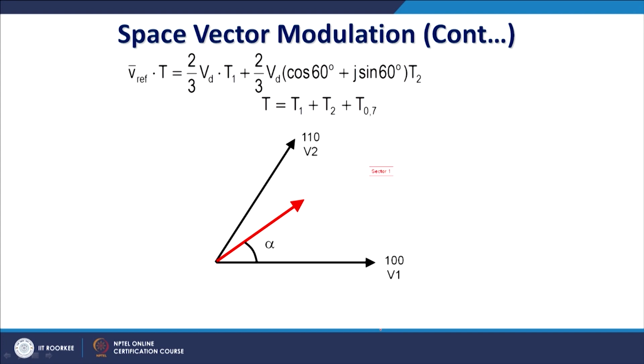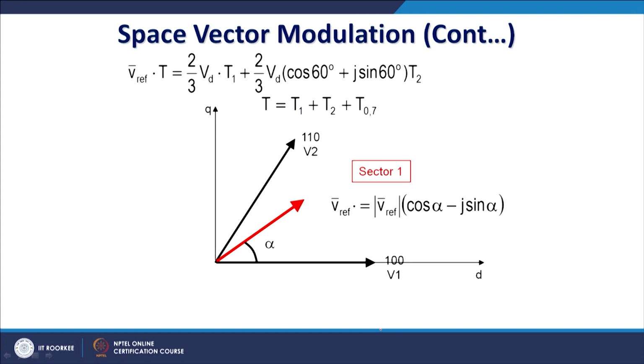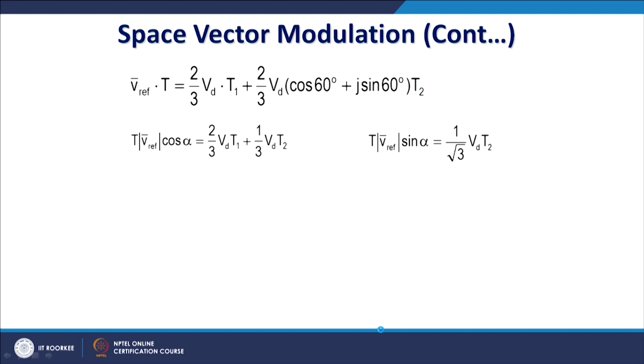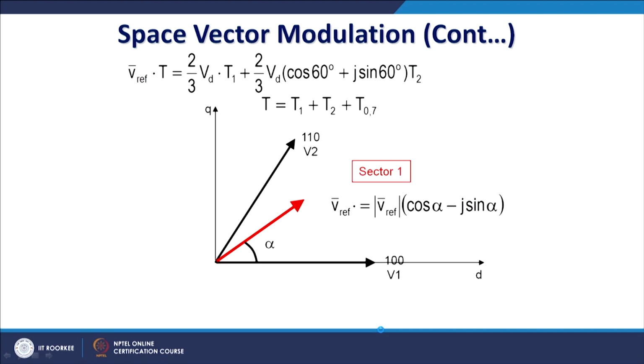Let us assume that the angle between them is alpha. So, Vref equals essentially mod Vref (cos alpha minus j sin alpha). So, from there we can see that T into Vref into cos alpha. Let us equate the voltage across the x axis.